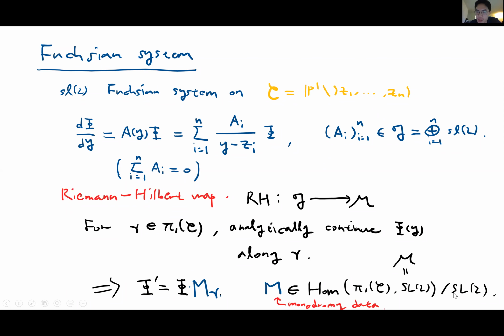And because I didn't specify the origin of this γ, I have to divide by overall conjugation by SL2. So this M is valued in this space, which I call the monodromy space. It's the space of homomorphisms from π1(C) to SL2 modulo overall conjugation by SL2. This is the character variety.